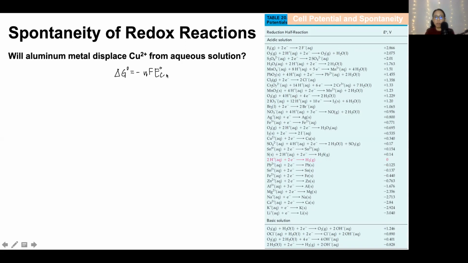So again, if you have a positive delta G, it means the process is non-spontaneous. If you have a negative delta G, the process is spontaneous. So the scenario is you have aluminum metal displacing copper ions in solution.